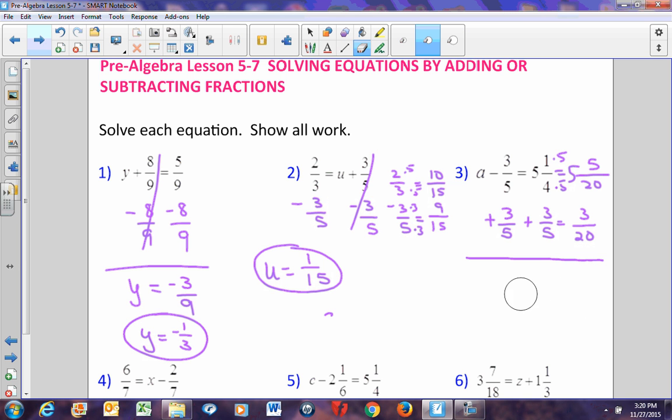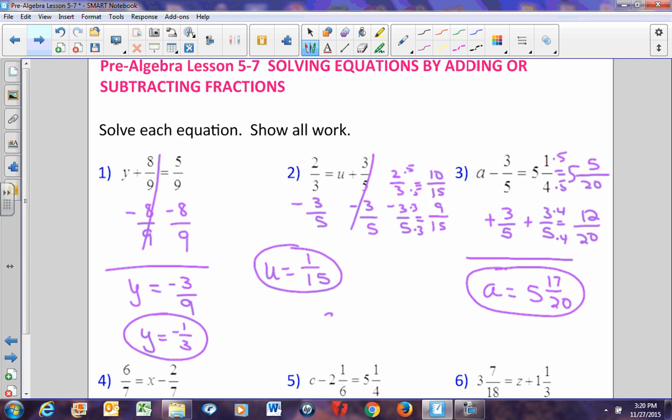Going back to 20ths, I can multiply by 4: 4 times 3 is 12. There we go. That looks a lot better. So 5 and 5/20ths plus 12/20ths becomes 5 and 17/20ths.